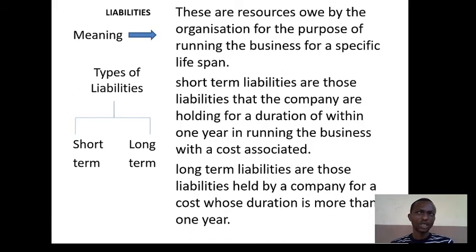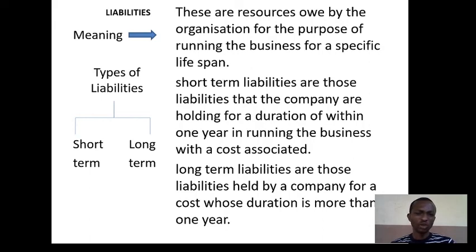Now, when I say cost associated, there is always a cost to everything that is being owed. I know you start asking me, what is the cost associated to creditors? The cost associated to creditors: when you buy things from someone or from an organization and you have not paid, when your creditors become too high, you may not get further credit.